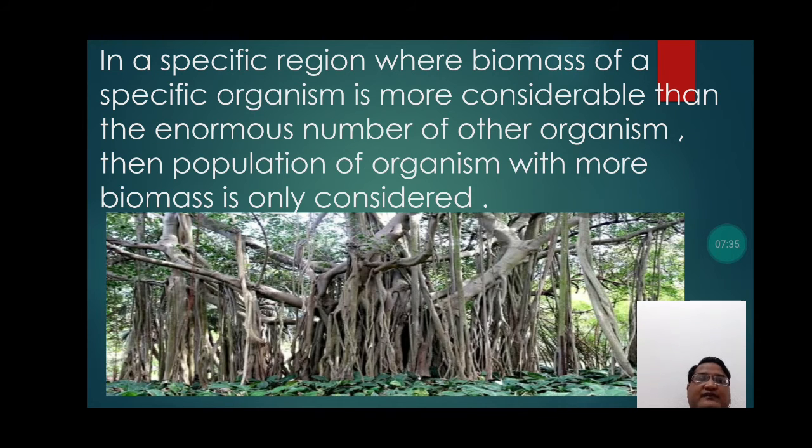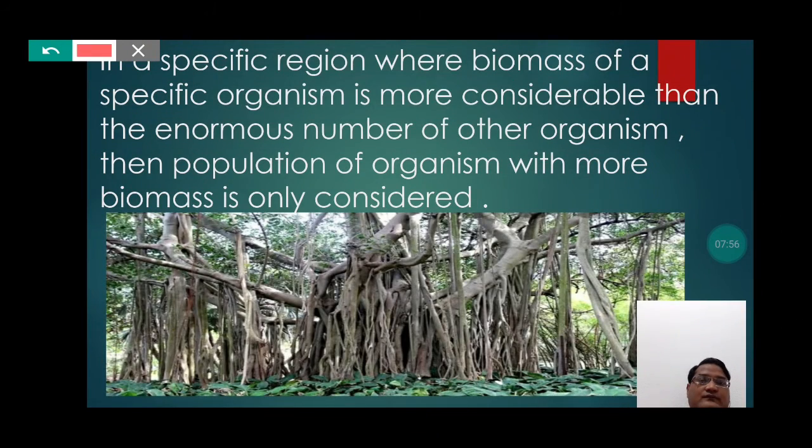In a specific region where the biomass of a specific organism is more considerable than the enormous number of other organisms, then the population of organisms with more biomass is only considered.